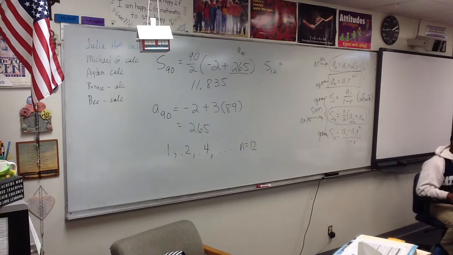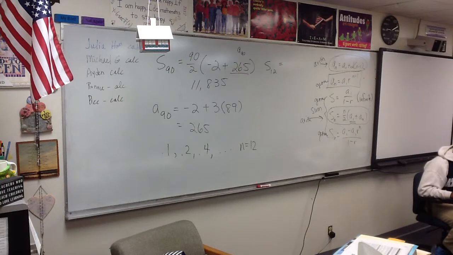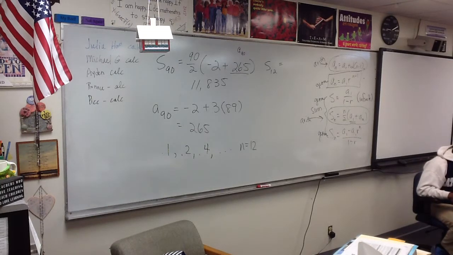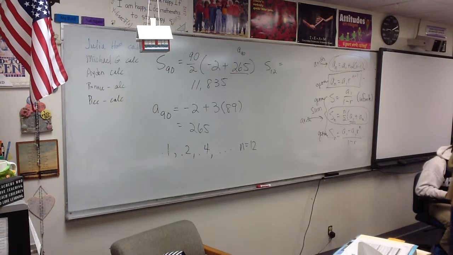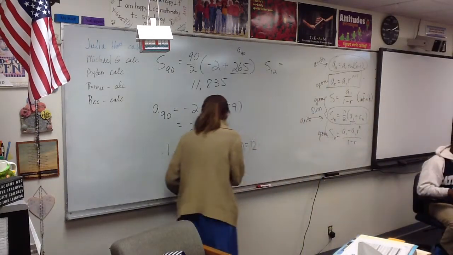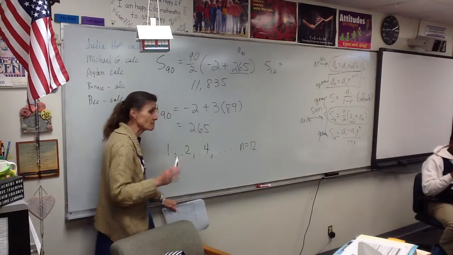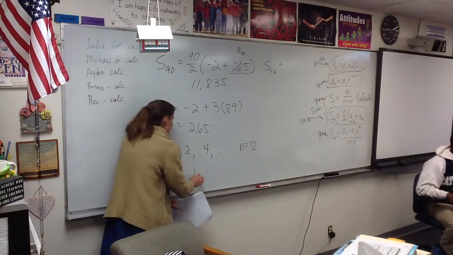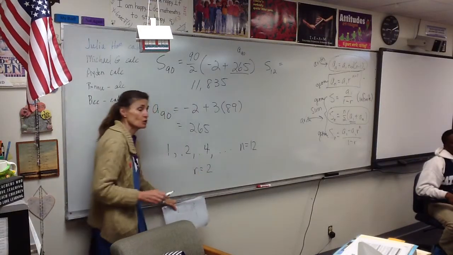And how did you get that? You times by 2. Doubling means times by 2. So when the terms are doubling, I don't care if they have decimals in them. You're still multiplying by 2.